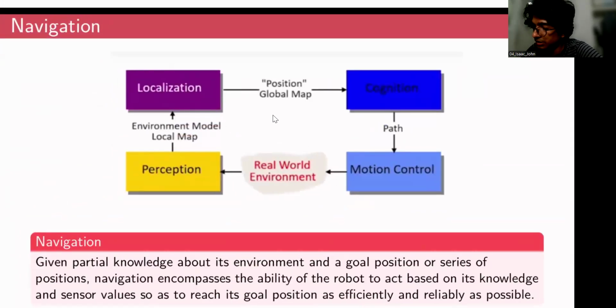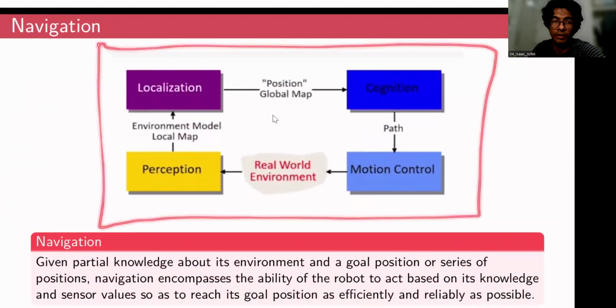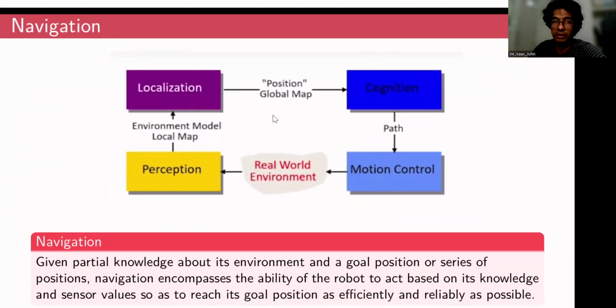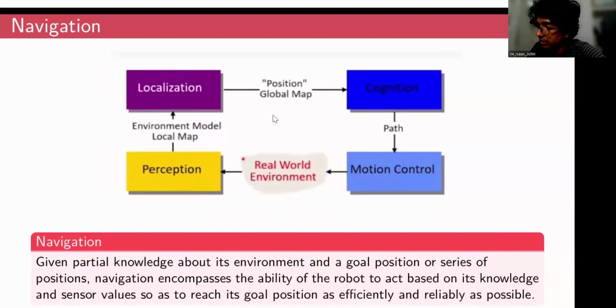We have seen this flow chart at the beginning of week 4 as well as week 5. The process of the entire subsystems of perception, localization, and navigation can be represented by this image, where we consider this as the starting point.